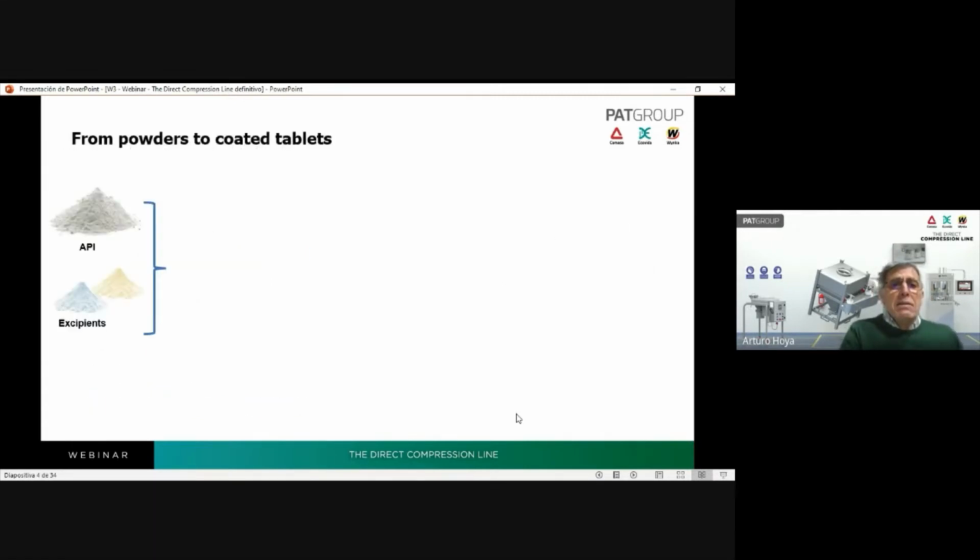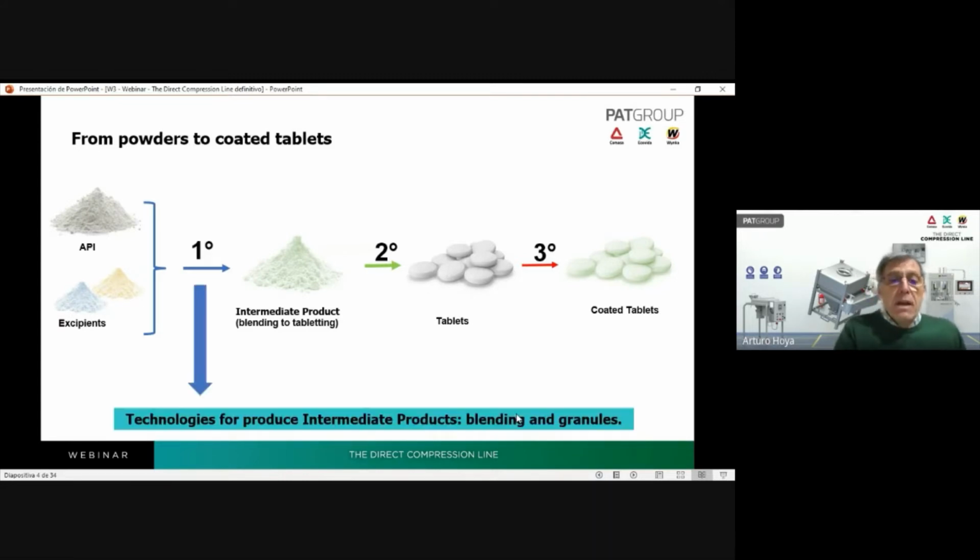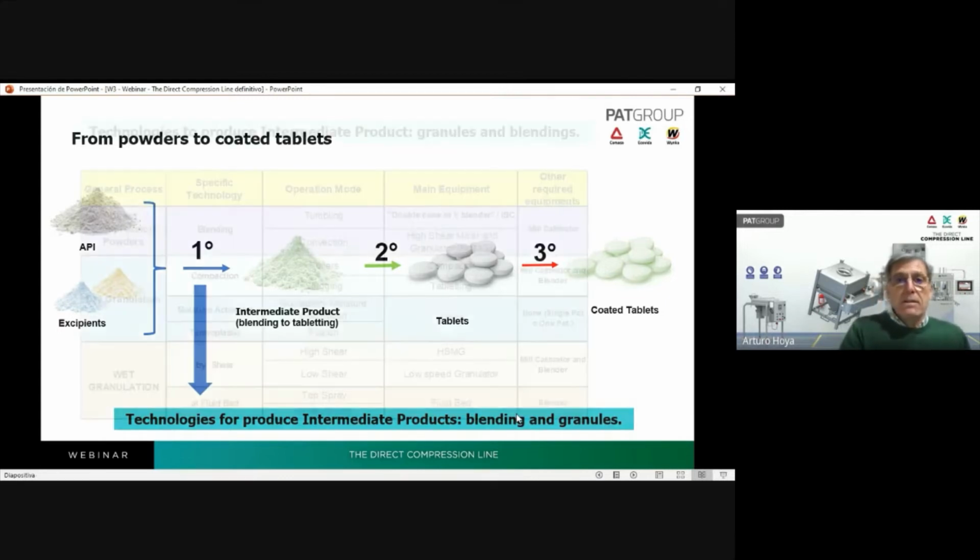Remember that the API and excipients are transformed into the intermediate product, the blend, then tableting in the tablet press, and then coated. This process we will study in the next webinar, but now let's remember the technologies to produce the intermediate product, blending or granules.